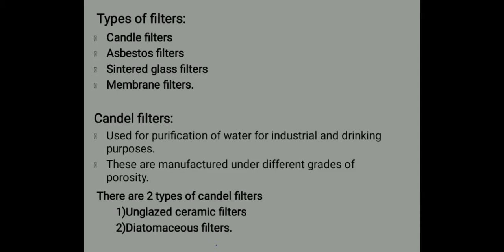First we have candle filters, used for purification of water for industrial and drinking purposes. They are manufactured under different grades of porosity. There are two types of candle filters: unglazed ceramic filters or diatomaceous filters.